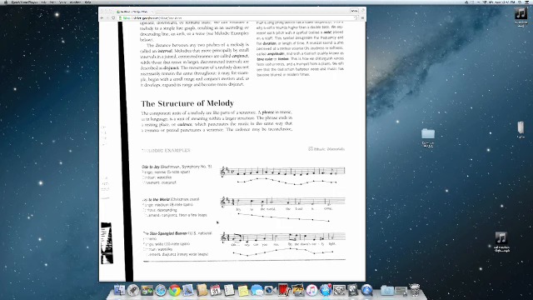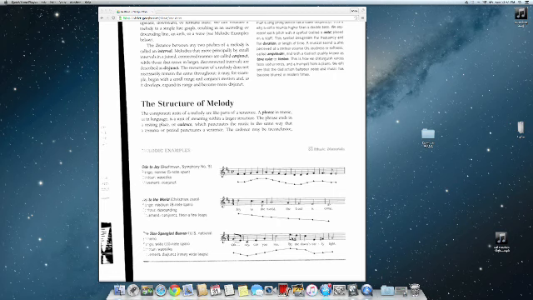Now I just want to discuss this melody just a little bit, because deciding whether or not a melody is conjunct or disjunct is somewhat subjective, but you have to do a little bit of analytical listening and say, well, is it mostly conjunct or is it mostly disjunct?